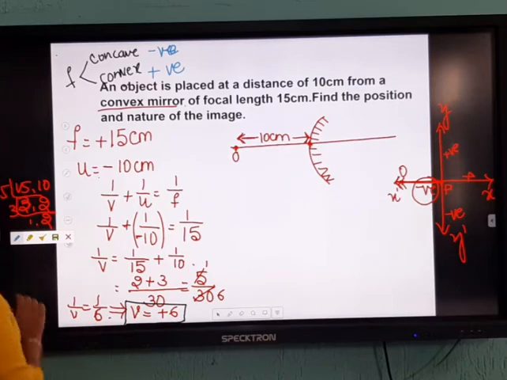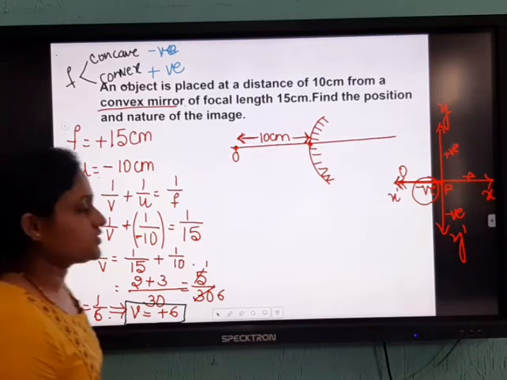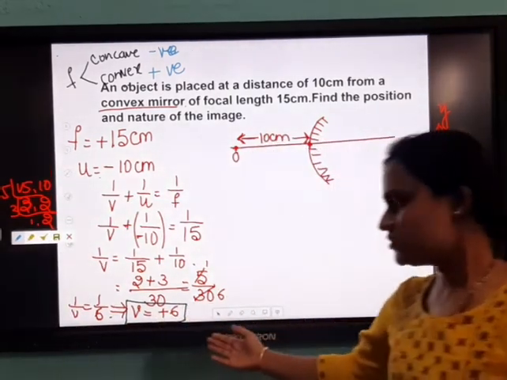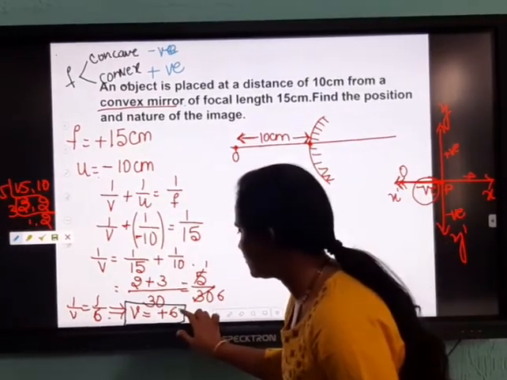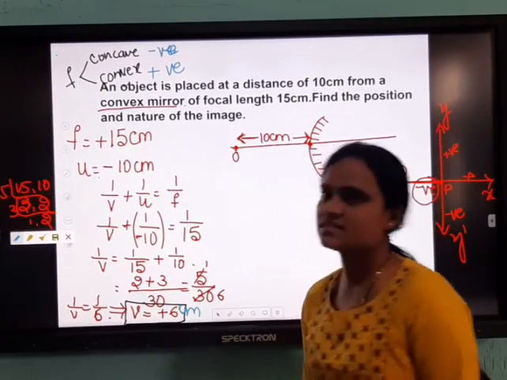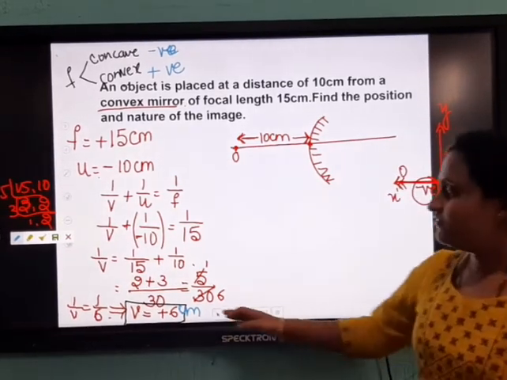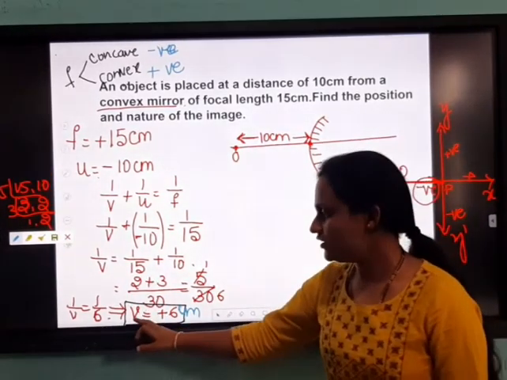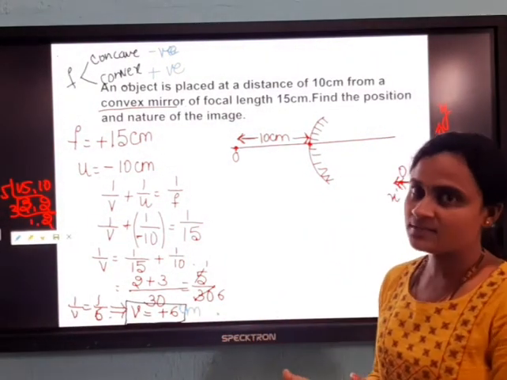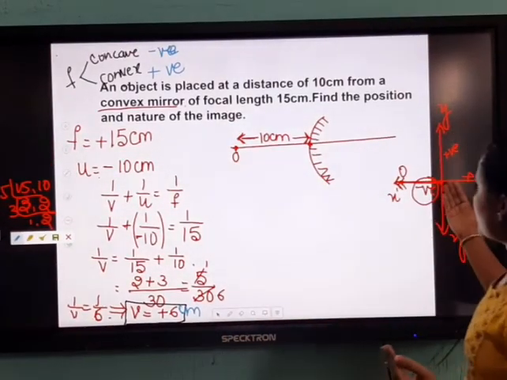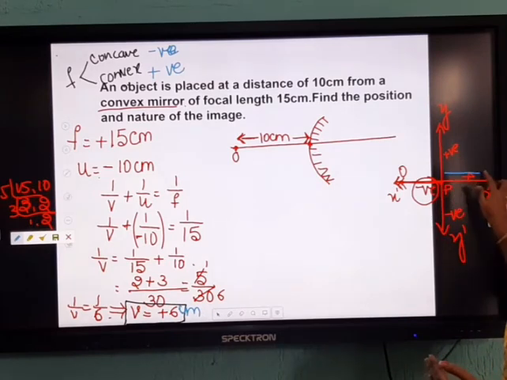Now you got V equals plus 6. Right, you got where the image is formed. So it is formed at 6 centimeter. If you get the value of V, either plus or minus, I will show you. If it is plus, as you all know, in this coordinate system plus means this side.